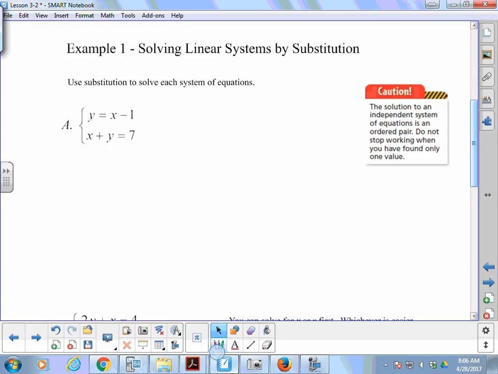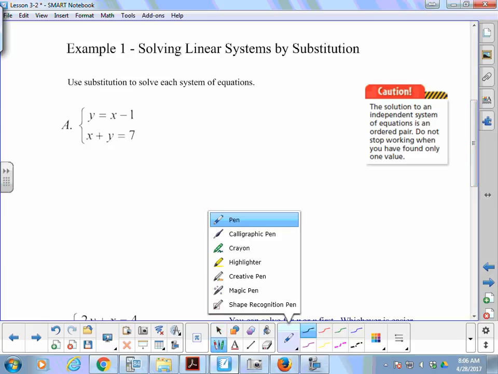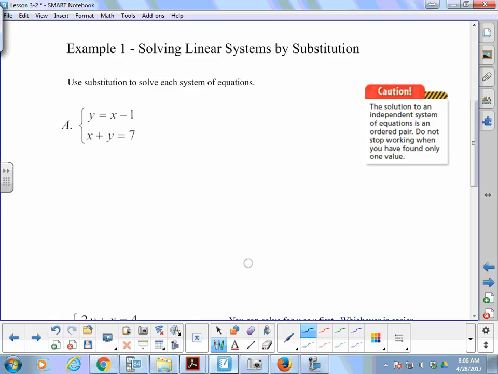It tells us that y equals x minus 1. So that means that wherever I see y, I can replace it with x minus 1. So I will go to the second equation then, and where this y is, I'm going to replace that with what it equals.